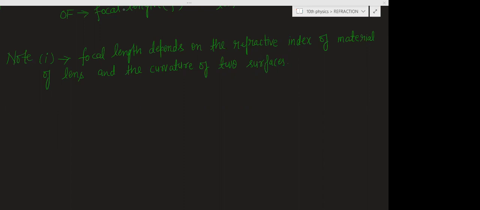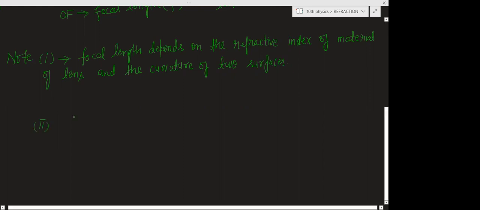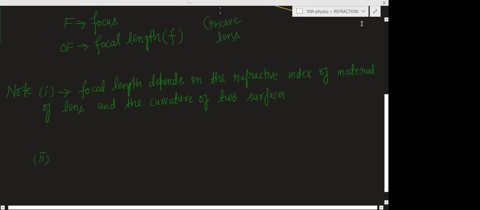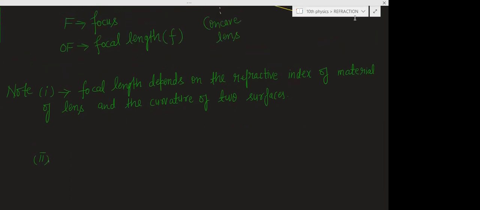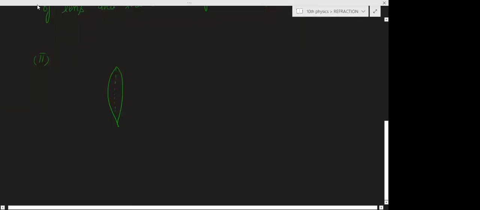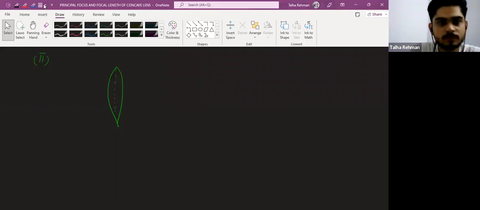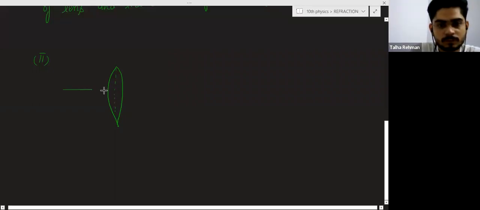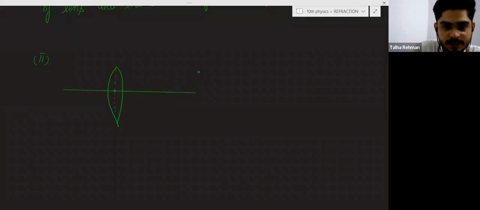And another point is that if you are having a convex lens, suppose, and this is the principal axis, and the optical center is this.